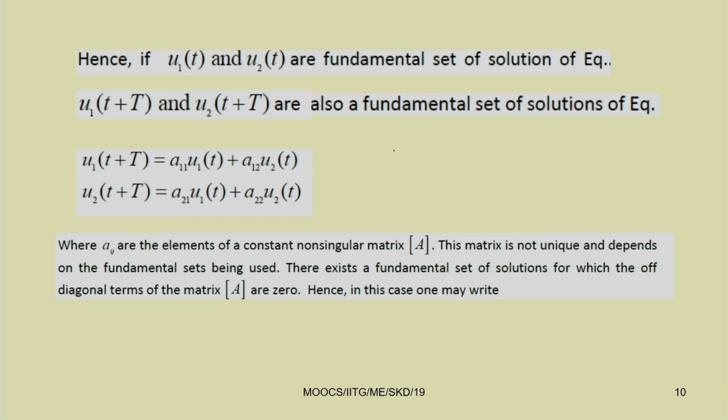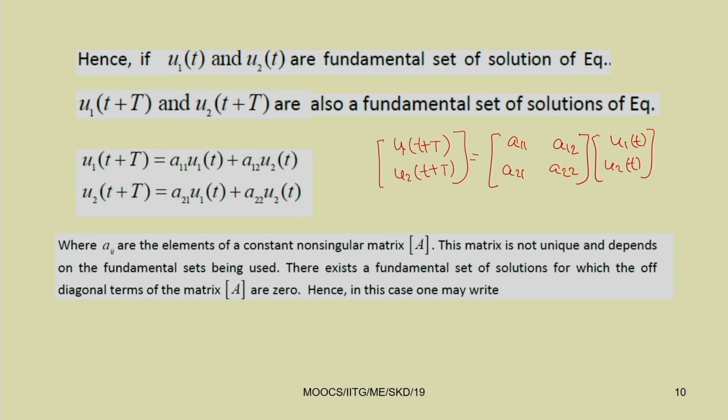You can write this vector in matrix form also: a11, a12, a21, a22 times u1(t) and u2(t).